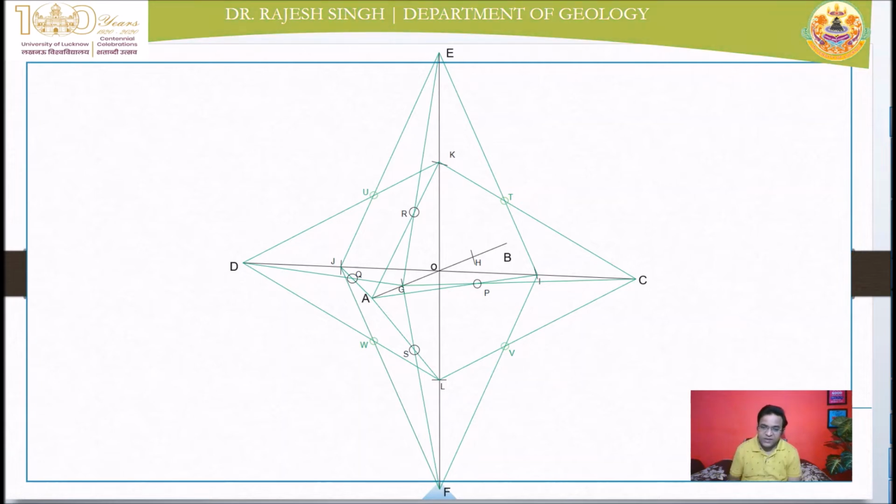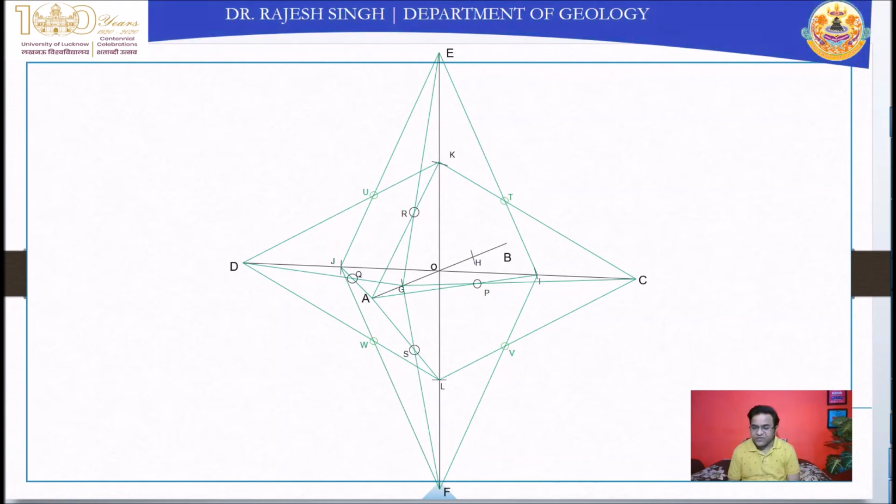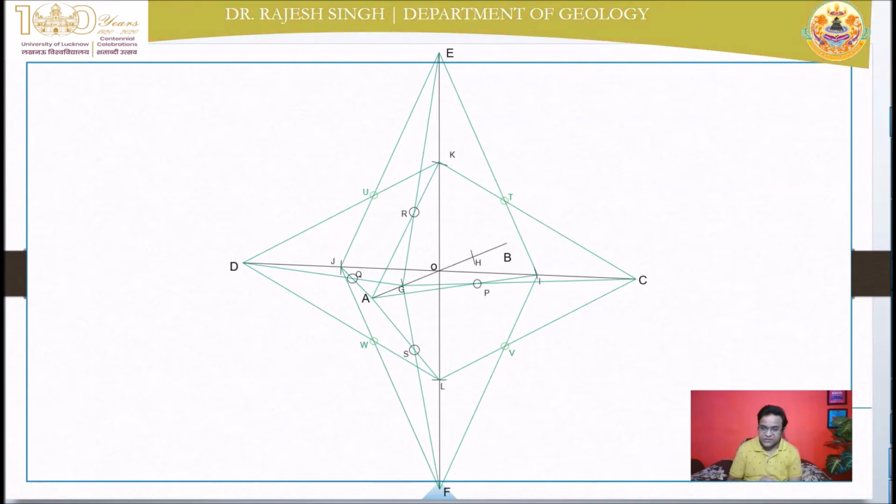These points are PQ, RS, and TU, VW. These 8 points are the intersections of the lines which join the midpoint of one axis and the end point of another axis.